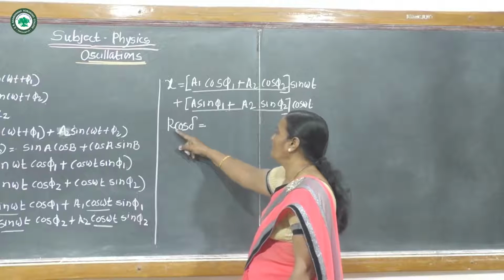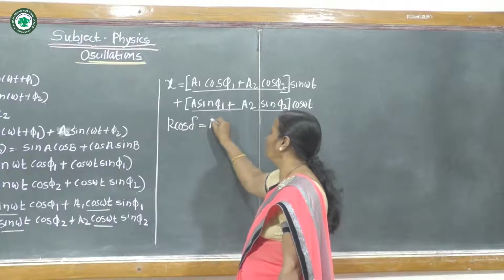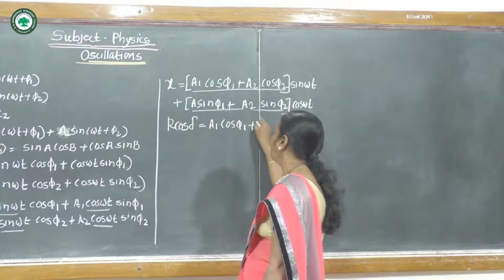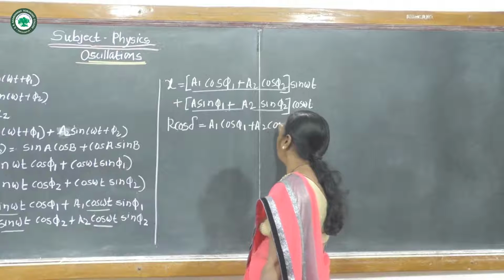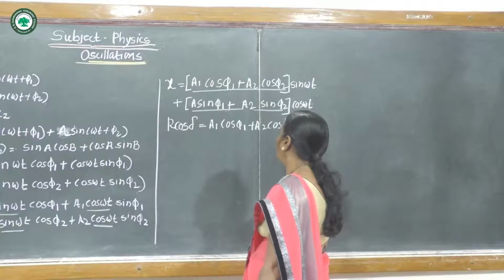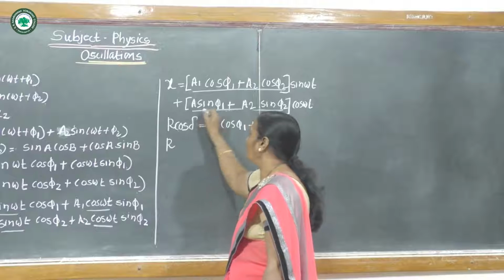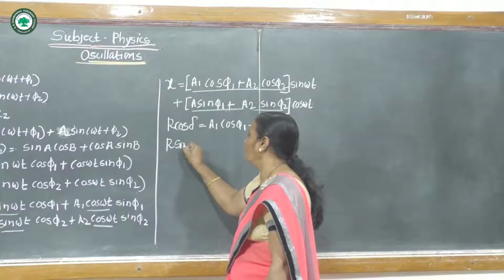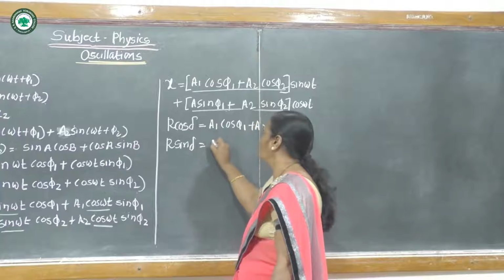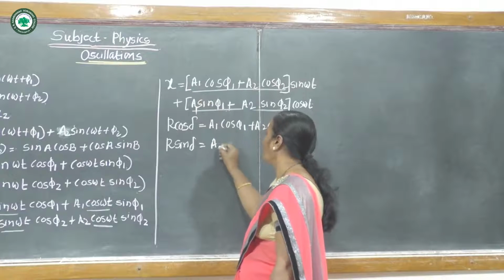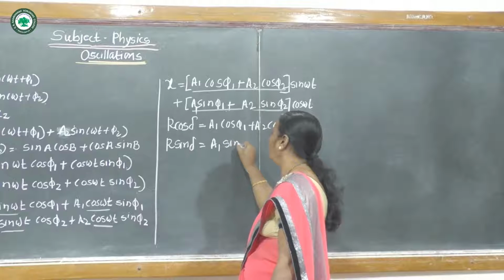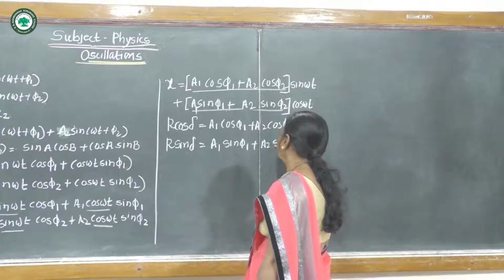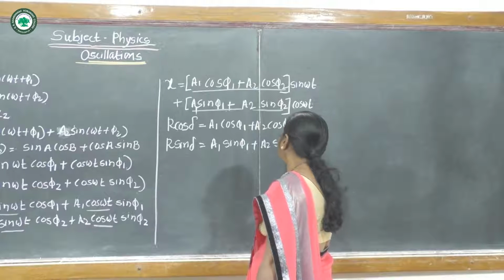Therefore r cos delta is equal to a1 cos phi 1 plus a2 cos phi 2, and r sin delta is equal to a1 sin phi 1 plus a2 sin phi 2.